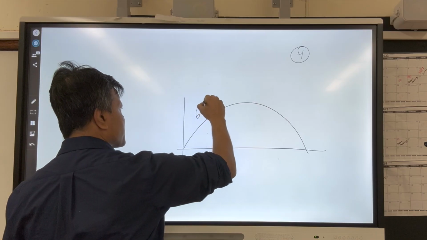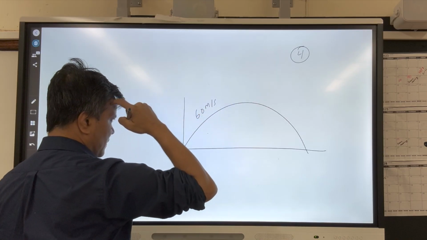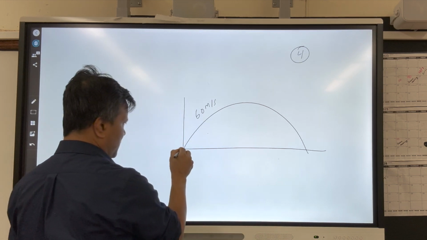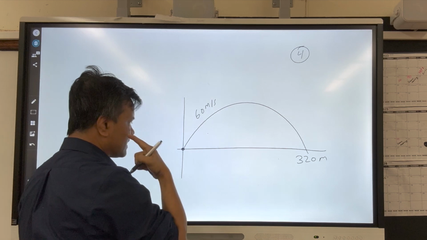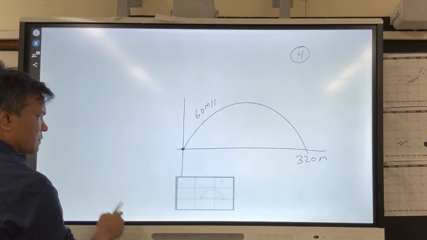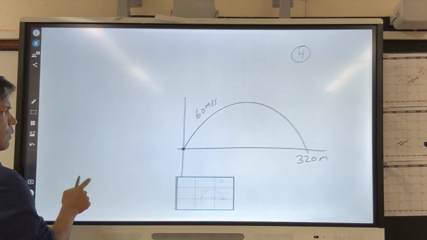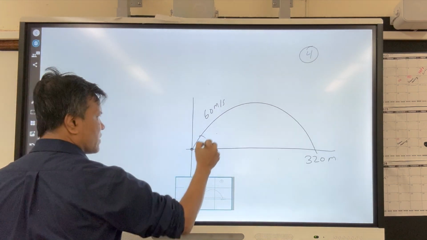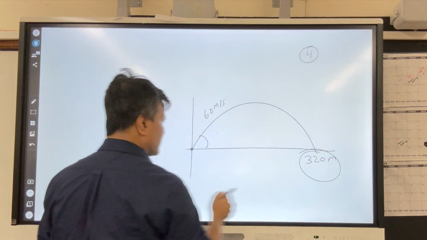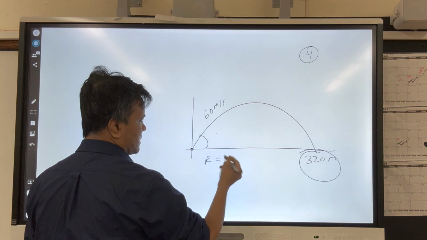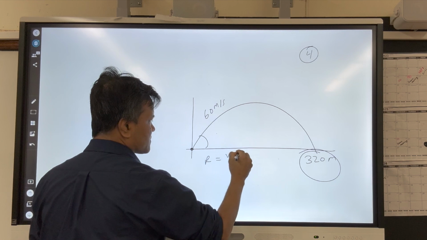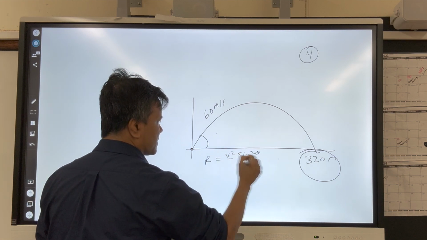It is 60 meters per second, which is small. His target was from here to here, his target was 320 meters away from the launch. So what degree will allow him to accomplish his target? And that's very simple. You have r is equal to, what is it? V squared sine 2 theta over g.